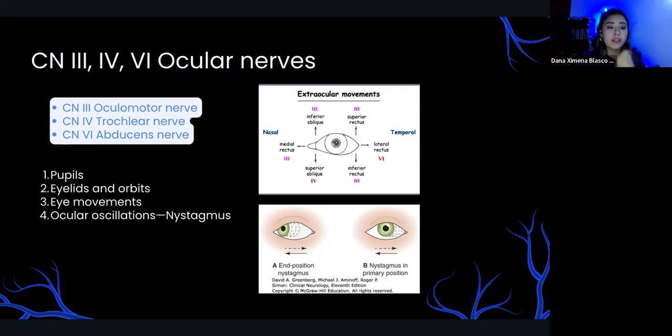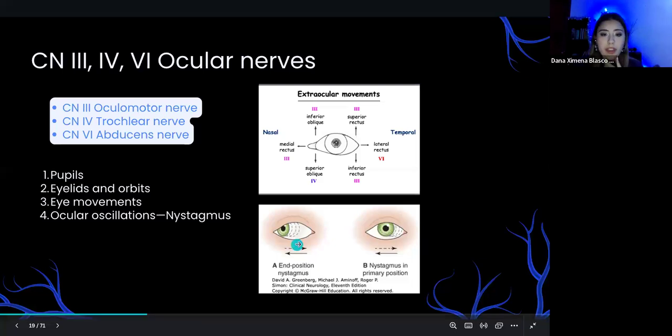Then we're going to examine ocular oscillations, also called nystagmus. This nystagmus is a movement of the eye, but it's a constant movement of the eye. If you already saw the topic, you can understand. But for example, here we have a graphic example.